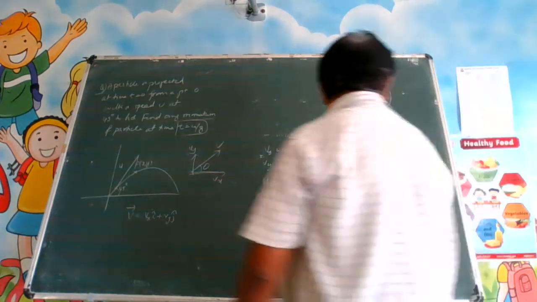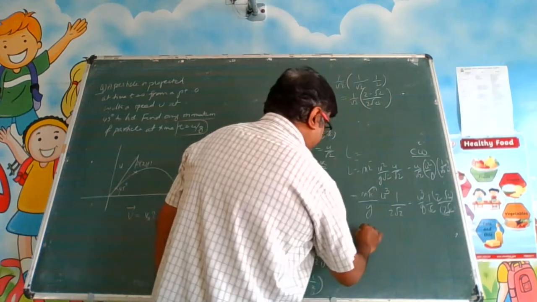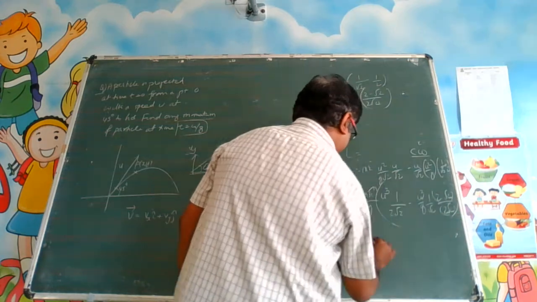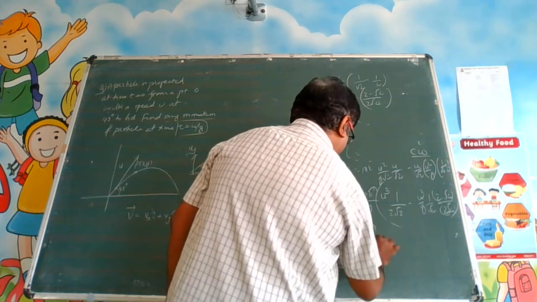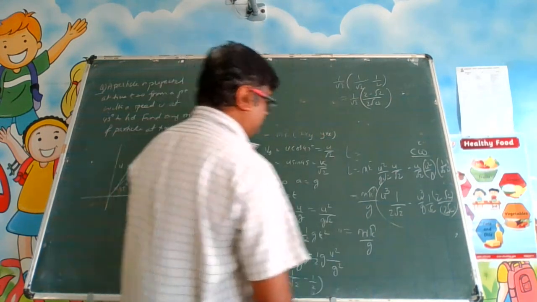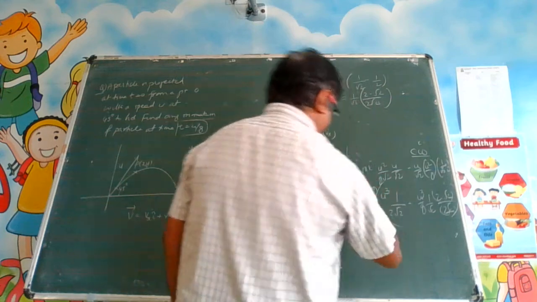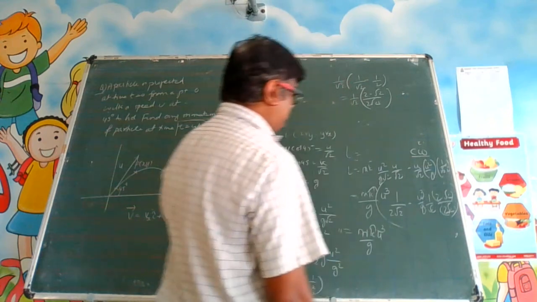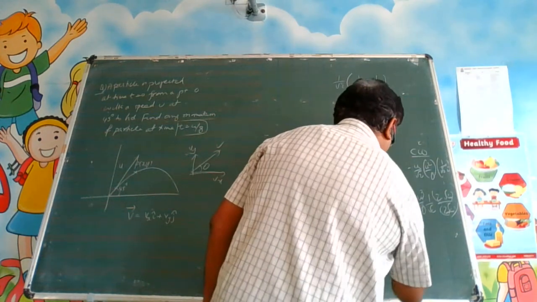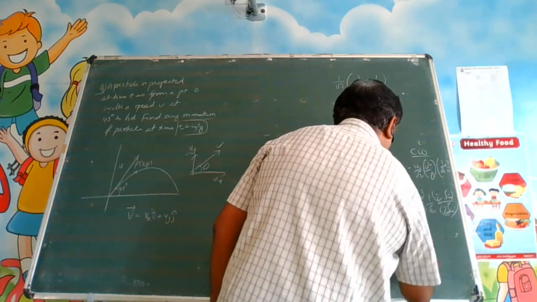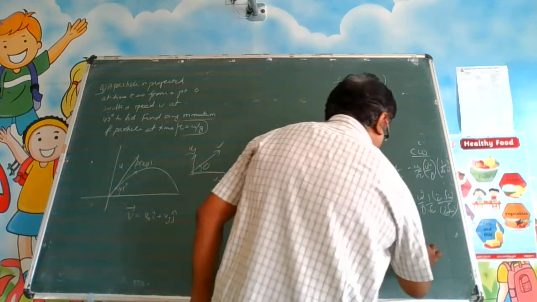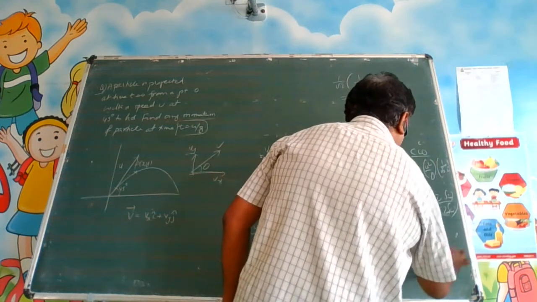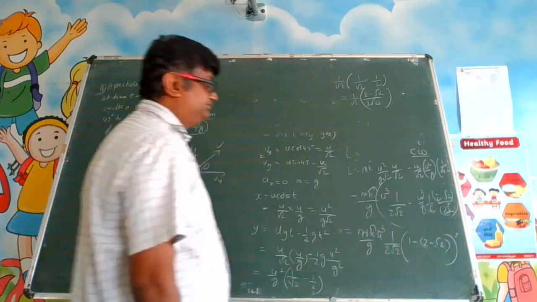So, further simplifying, this whole is m k cap by g u cube, and if you take 1 by 2 root 2 common, you are getting 1 minus 2 minus root 2. This is what you have got.